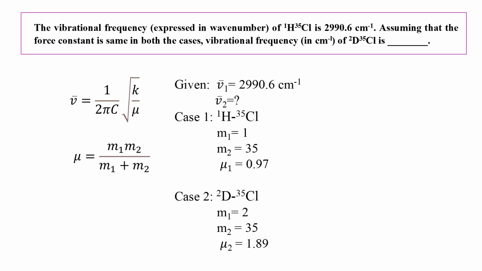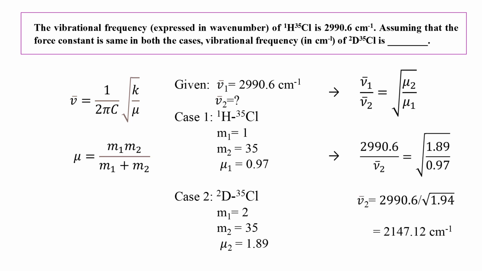Now it is given that for HCl it is 2990.6 and we have to find the vibrational frequency for DCl. In case 1, m1 is equal to 1, m2 is equal to 35, so mu1 comes out to be 0.97. In case 2, that is DCl, m1 is equal to 2, m2 is equal to 35, and mu2 comes out to be 1.89.